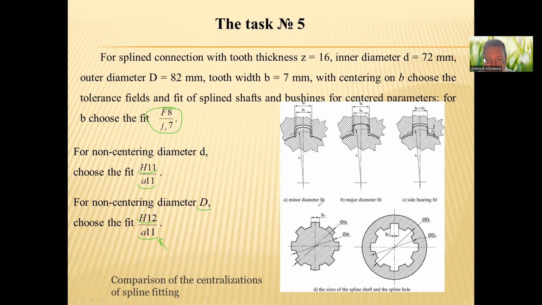You can see on the figure the parameters B, this type of connection, outer diameter big D and inner diameter small d.